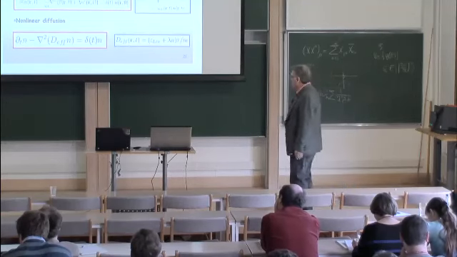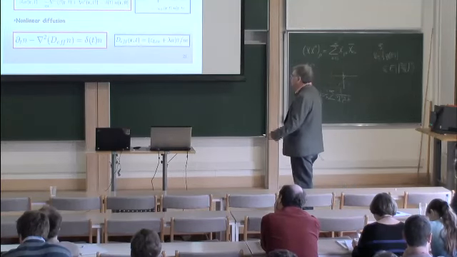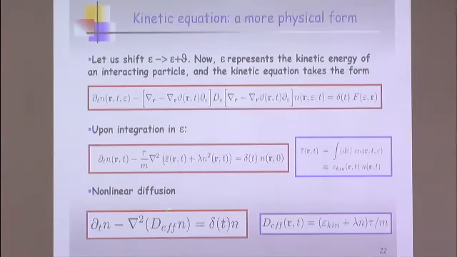But it provides you with certain hints that actually it is an equation for nonlinear diffusion, and the coefficient of this nonlinear diffusion is the kinetic energy plus, in the case when I say the diffusion will be V squared over tau, something which originates from nonlinearity.